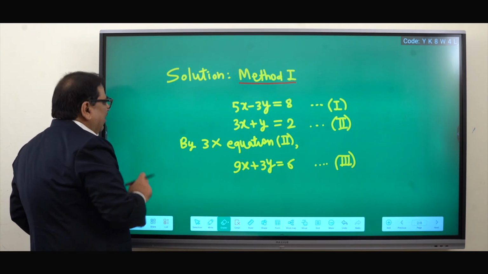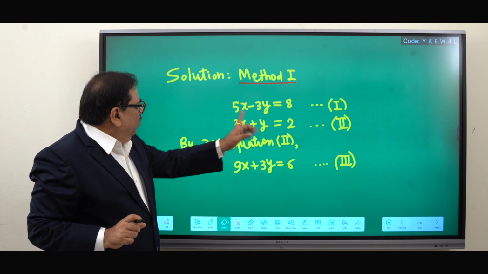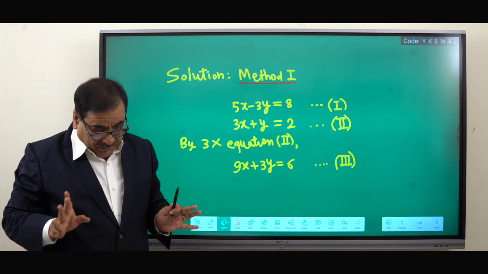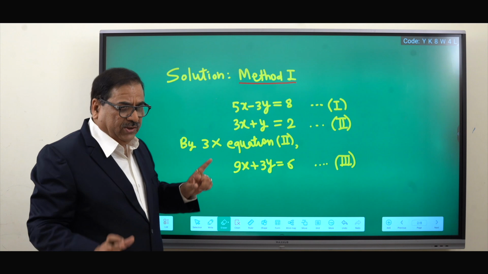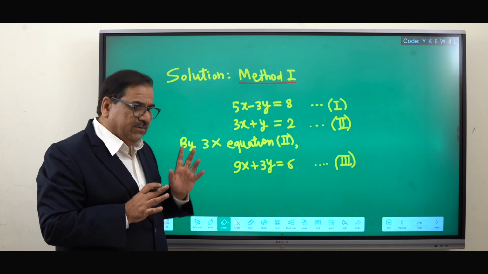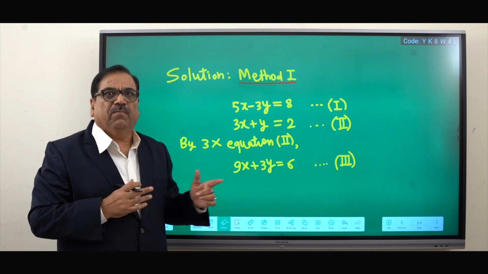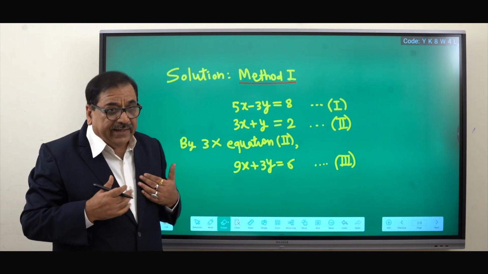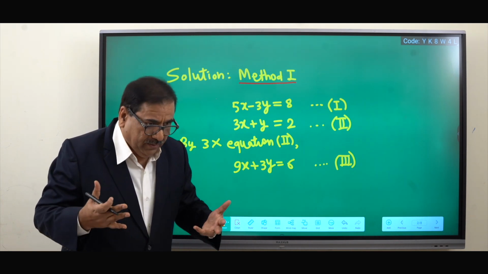So ax plus ay, we have to remember it. And here we have multiplied equation 2 by 3. So the left hand side becomes 3x into 3, 9x, y into 3, plus 3y. The right hand side is 2 multiplied by 3, it becomes 6.